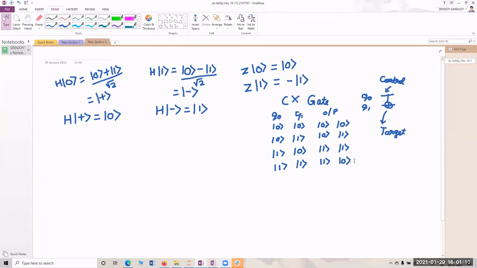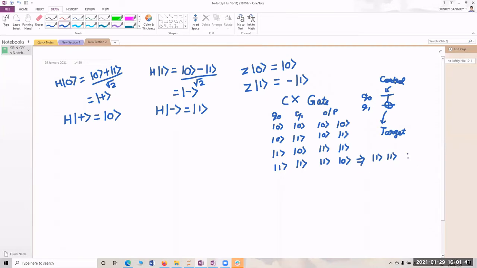Very similar to that is the operation of the CZ gate, a controlled Z gate, which also acts when your control is 1. For 0, when you apply the Z gate, it won't do anything. So for the CZ gate, this line changes as follows. Whenever the control is 1 and the target is 1, the output should be Z of 1, which is -1.